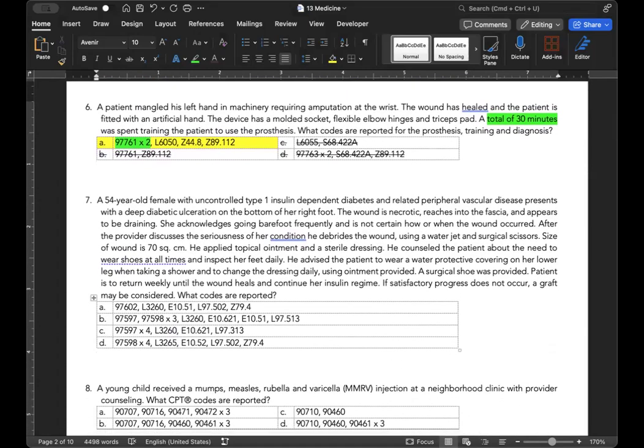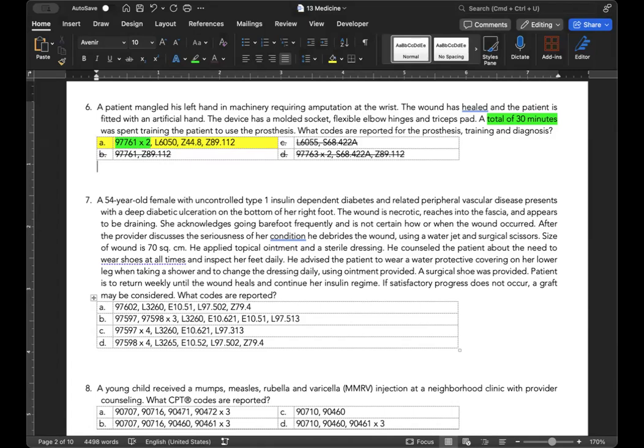Okay. So let's just look at number 7. We have a 54-year-old female with uncontrolled type 1 diabetes or insulin dependent diabetes and related peripheral vascular disease, and they present with a deep diabetic ulceration on the bottom of her right foot. The wound is necrotic, reaches to the fascia, and appears to be draining. She does acknowledge going barefoot frequently and is not certain how or when the wound occurred. After the provider discusses the seriousness of her condition, he debrides the wound using a water jet and surgical scissors.